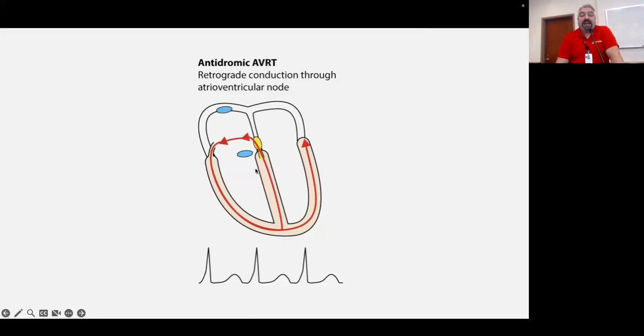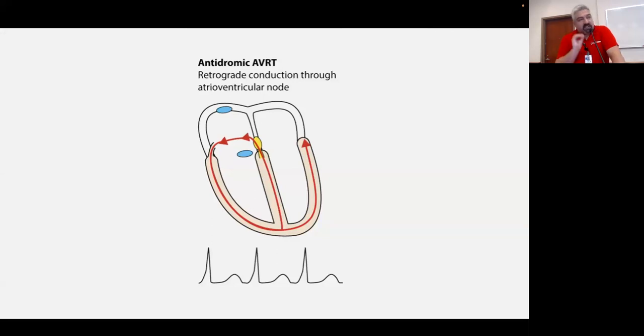So it is going against the normal direction of conduction in these specialized fibers. And so do you think that occurs faster or slower than if it were going the right way? Slower, which means that this is going to be wide or narrow.